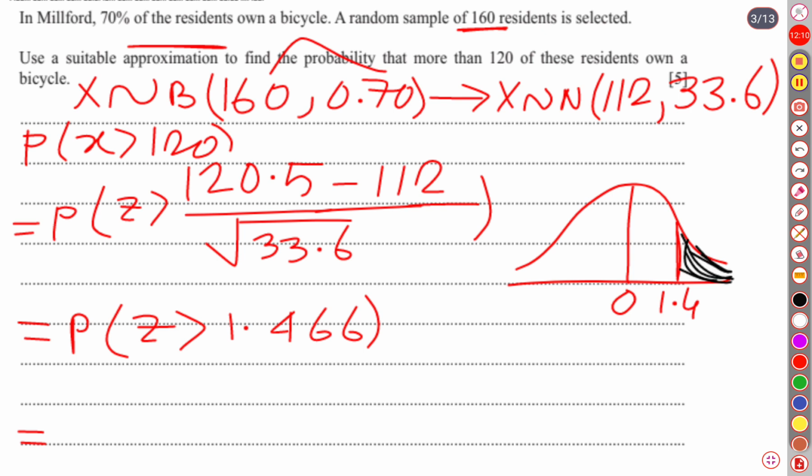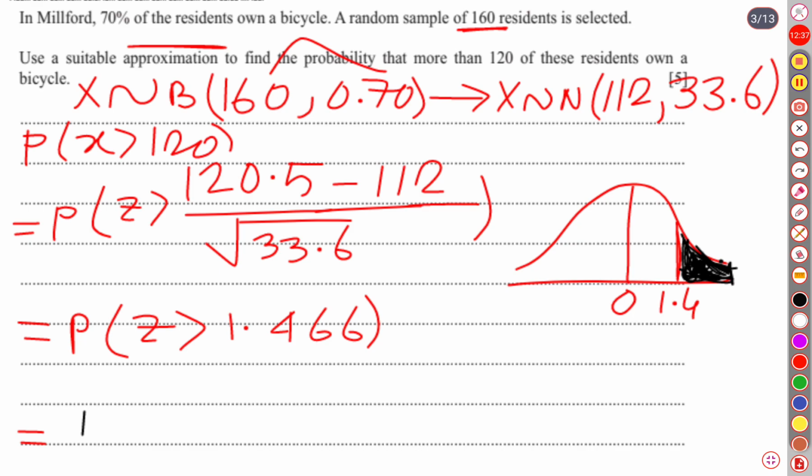This probability is definitely less than 0.5. So what we can do is take the whole probability, which is 1, and from 1 we will subtract the left part. If we subtract the left part, we will find our required part.